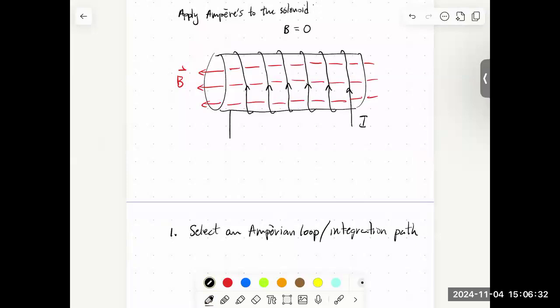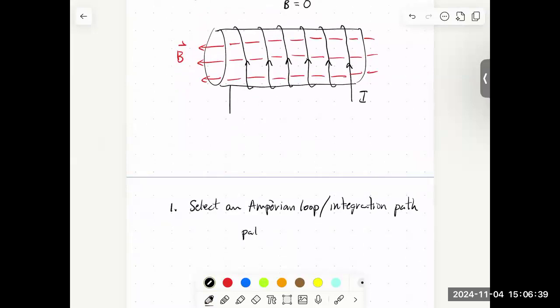So what do we want from our path? Our path should be parallel or perpendicular to B, if possible. What else should it include? Everywhere along my path where B is not 0 or not perpendicular, I want B to be constant.